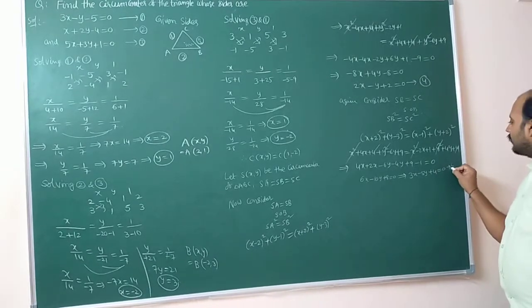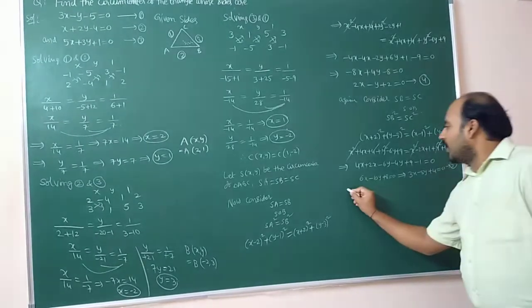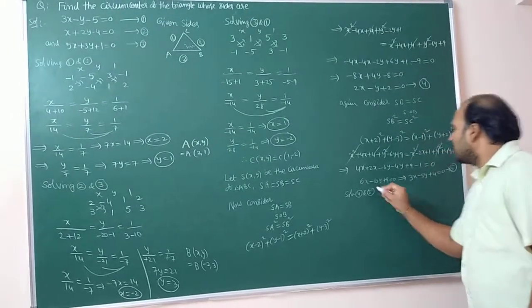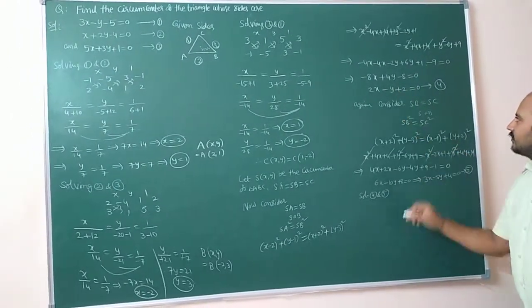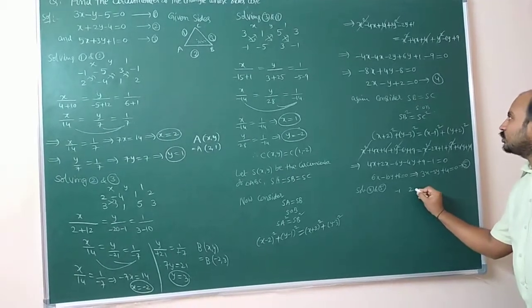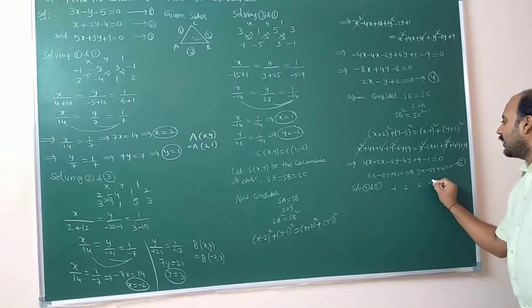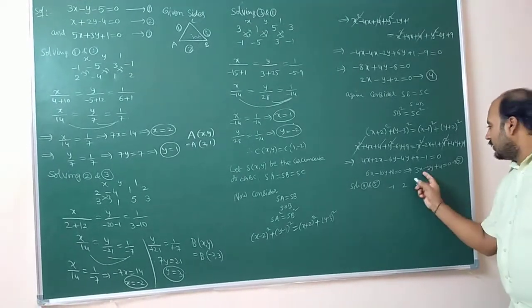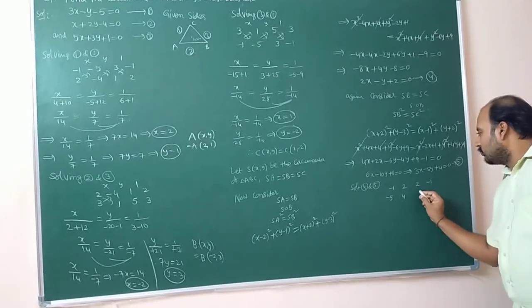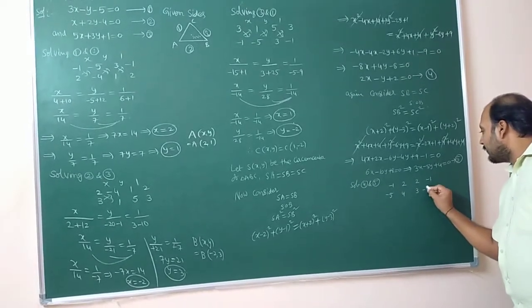Equation number 5. Solving 4 and 5 by using cross multiplication method. Here in the fourth equation y coefficient is minus 1, constant is 2 and x coefficient is 2, again y coefficient. In this fifth equation, minus 5, 4, 3, again minus 5.